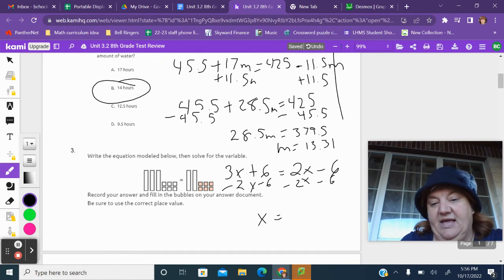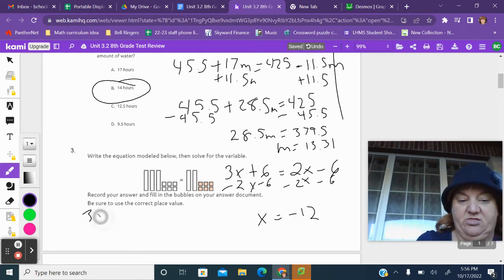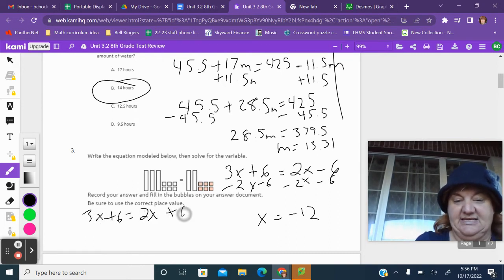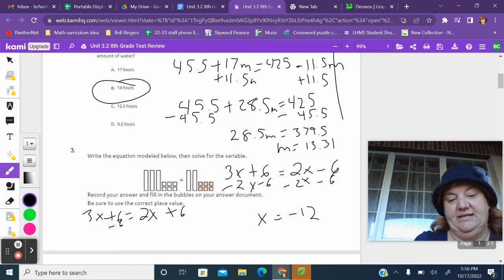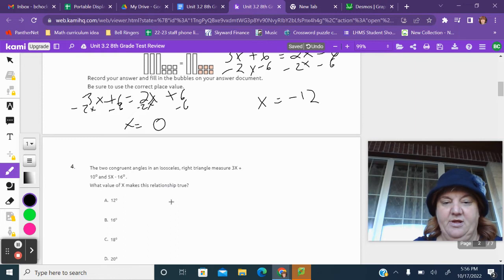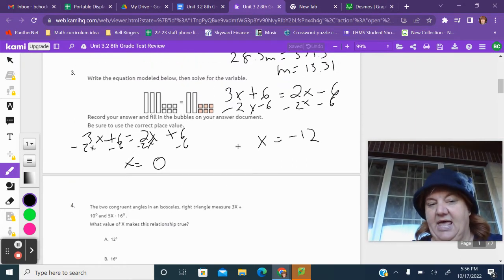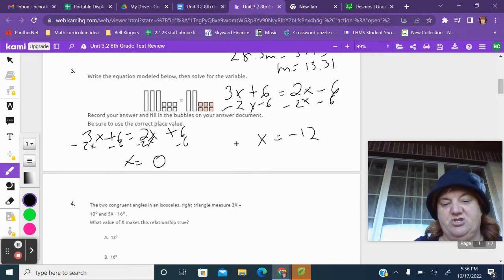So we have x equals negative 12, or if you wrote it 3x plus 6 equals 2x plus 6, then this is going to be minus 6, minus 6, minus 2x, minus 2x, x equals 0. So either way is fine. It doesn't matter. It's getting the practice of setting this up and solving. And that's what I want you to do.